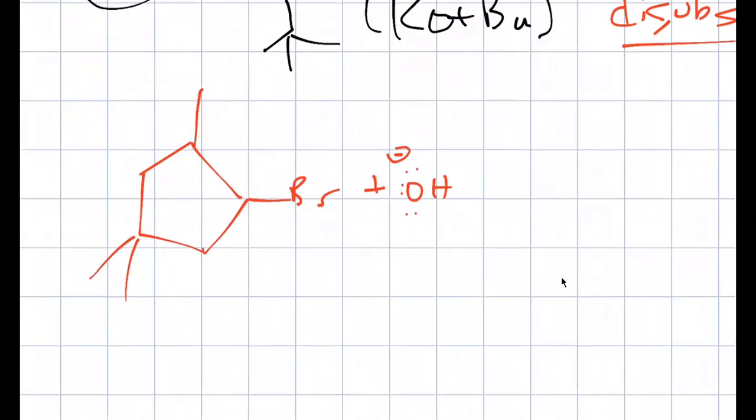It can actually do both, but I'll make sure on an exam to give you a base where you know immediately, oh, this is a base, this is not a nucleophile, right? But sometimes you'll see that OH written as a nucleophile as well.